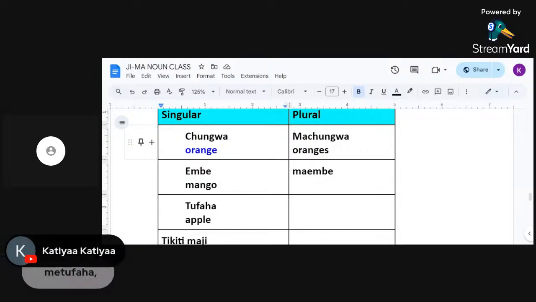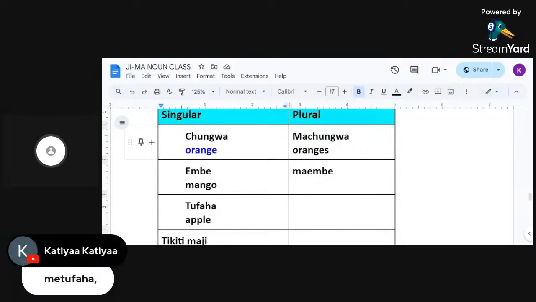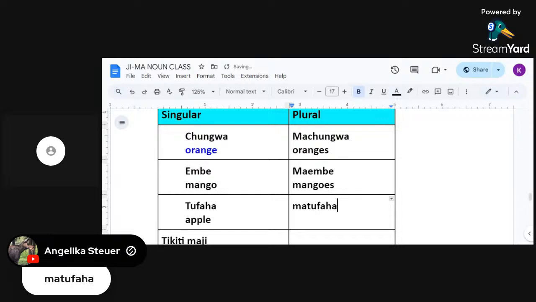Dada Katia anasema matufaha, vizuri. Matufaha, sawa. Dada Beverly anasema matufaha, vizuri sana. Dada Angelica, karibu sana, anasema matufaha, vizuri. Kwa hivyo ni matufaha. Apples.